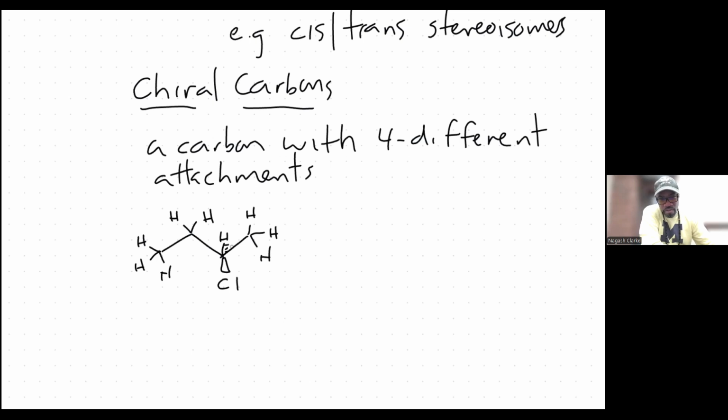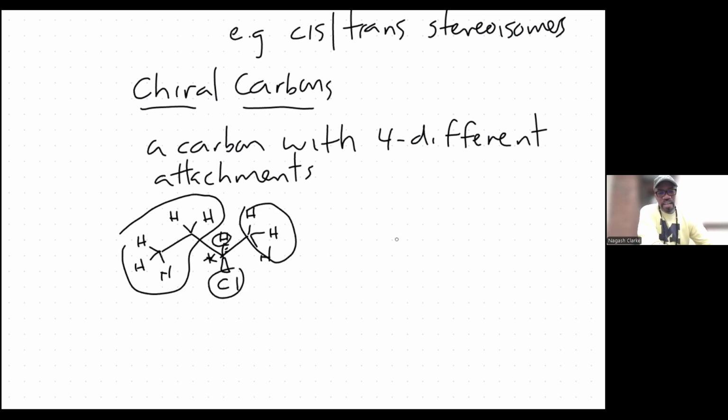So this carbon is considered chiral because there's a methyl attached to it. There's an ethyl. So if you look at the whole picture, there's an ethyl, there's a methyl, there's a chlorine, there's a hydrogen. Right? So that's called a chiral carbon, also known as a chiral center, stereocenter.